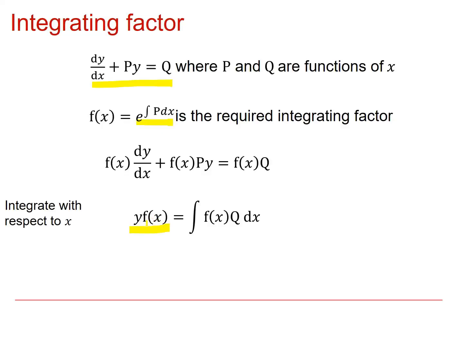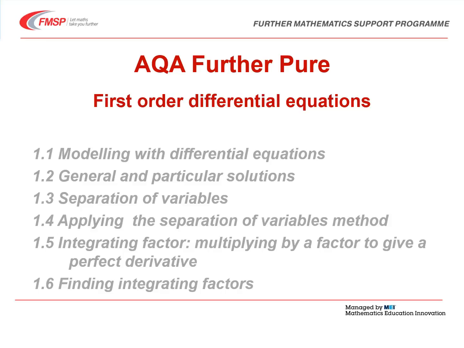So I've got the integrating factor times y is equal to the integral of the integrating factor times q. And that should all then just work out. And this will work for all first order linear differential equations that match this format. That was the final video in this sequence of videos about first order differential equations.